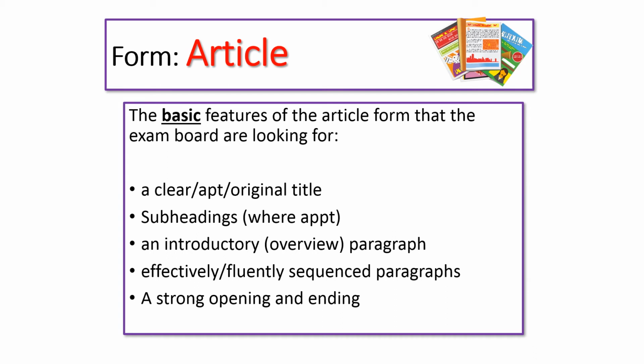Again, the importance of those effectively and fluently sequenced paragraphs. There needs to be a real structure and sequence to your article about whatever topic it is that you're writing about.